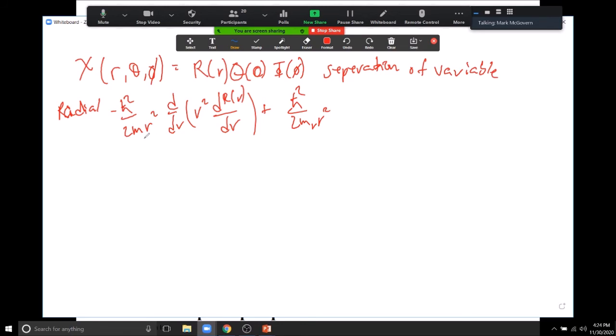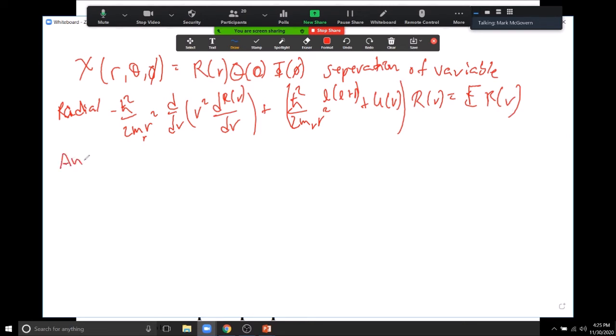This is a little r here, and I'll explain this in a moment. These are the quantum numbers in the theta component. So that's what the radial component of Schrödinger's equation looks like.